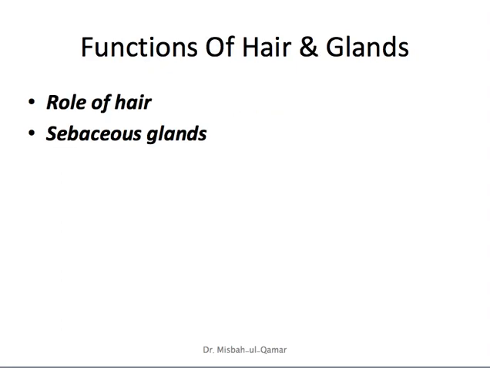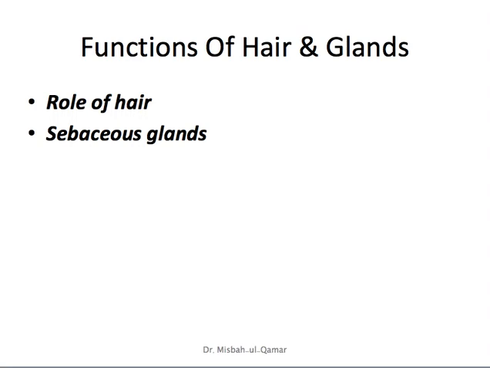Right. So now our skin has accessory structures also, which are hair and glands. Here, they act as an insulator layer, and then there are sebaceous glands, which are attached to the hair follicles.